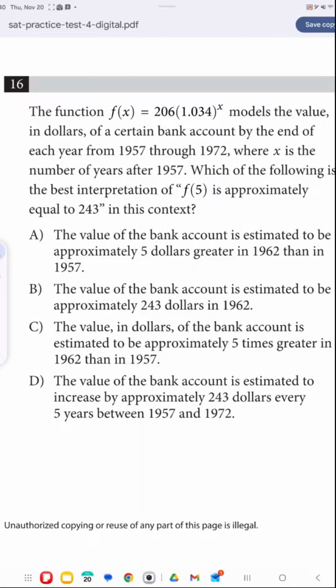And so that's the answer we're kind of looking for. And so it can't be A, it can't be C, and it can't be D. B seems to be our best answer. The value of the bank account is estimated to be approximately $243 in 1962. 1962 is approximately 5 years after 1957, and therefore this answer makes the most sense.